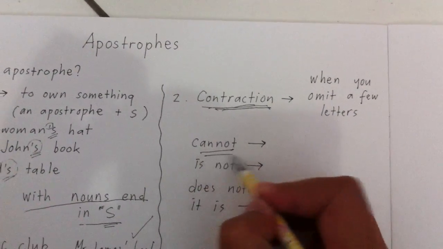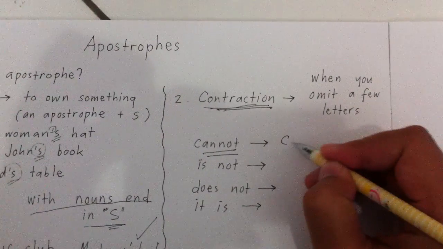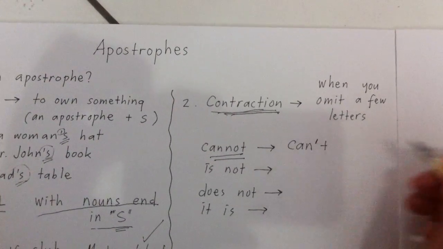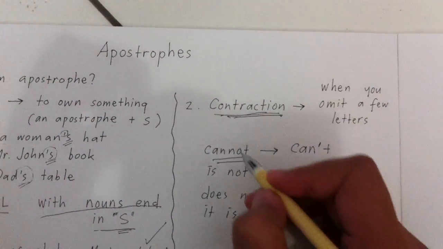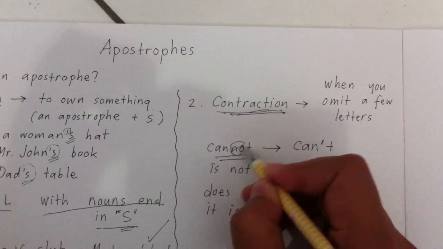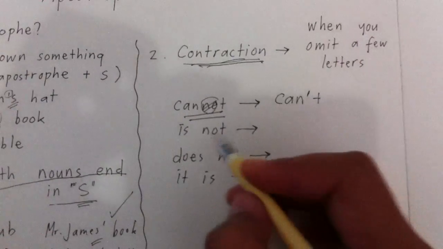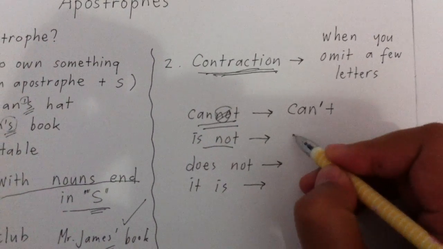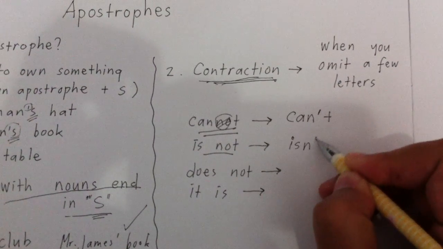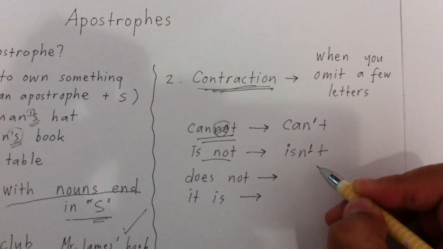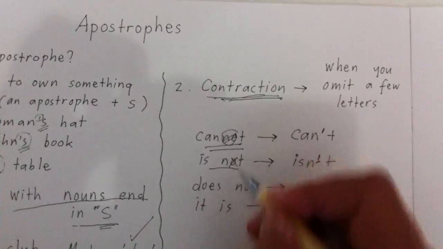For example, the word cannot, you can have can't, with an apostrophe and T. So you actually omit these letters. The word is not, you can have isn't with an apostrophe. Alright? So you omit the letter O.